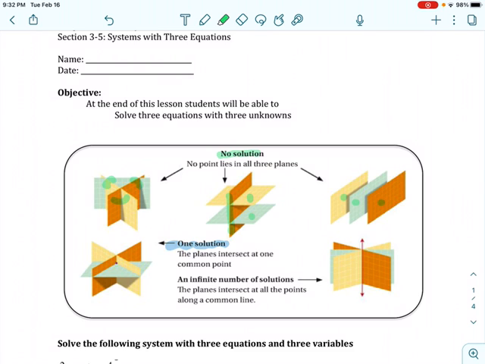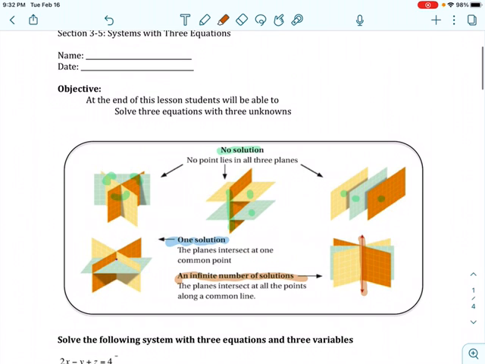Remember, we're looking for an ordered triple that satisfies all three equations. So that's no solution. We can have one solution. You can also have infinitely many solutions. That's this one right here, where they intersect like pages in a book, all meeting along a line, and your answer is a line.